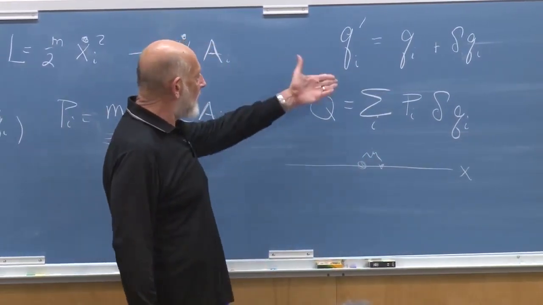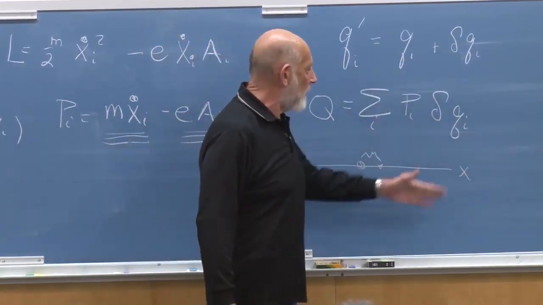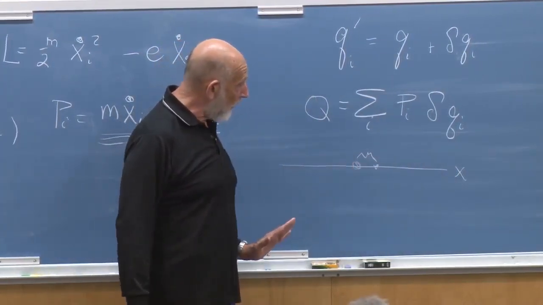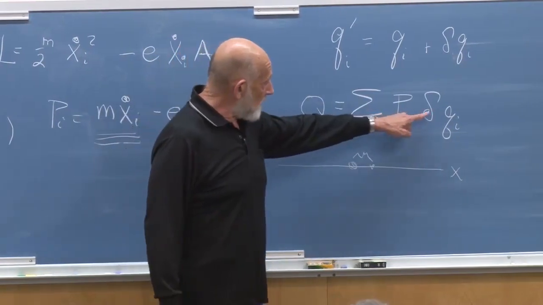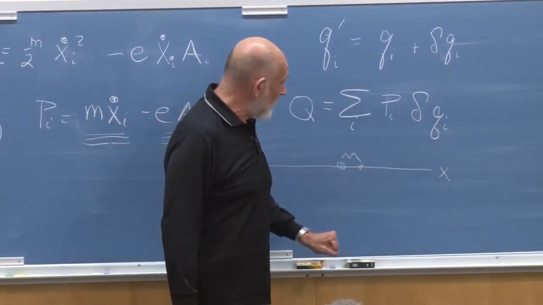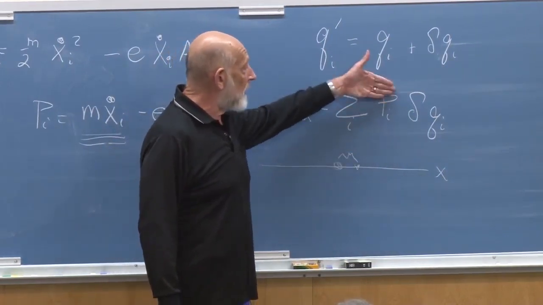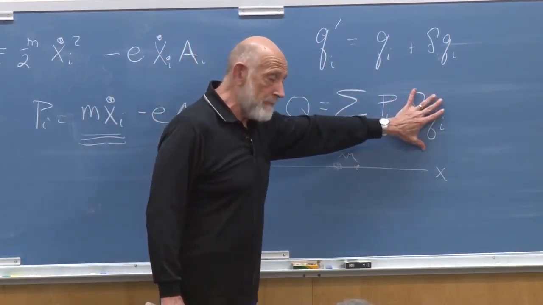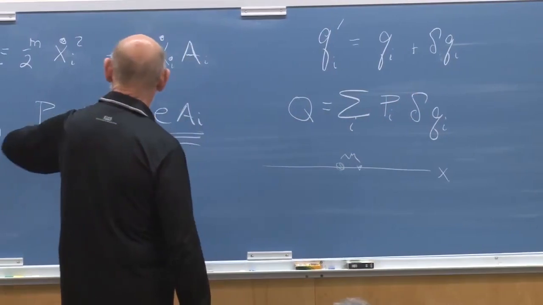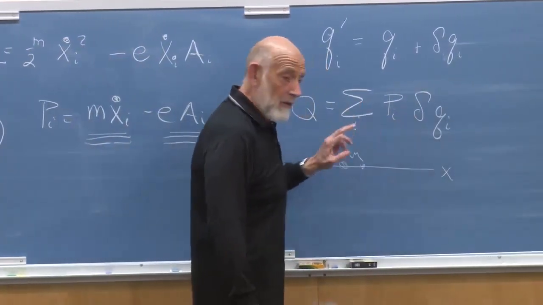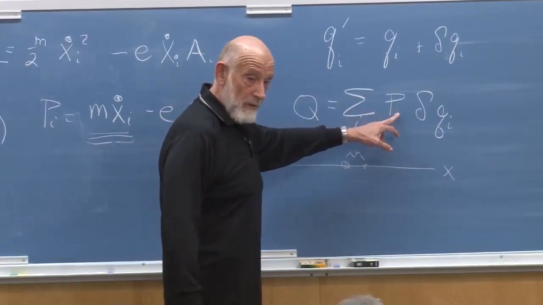So you can say in that case that the delta q_i, or the delta x, is just a constant, just a number, the amount that you shift by. In that case, we find a quantity which is just proportional to the total momentum of the system, typically the total mechanical momentum of the system, if mechanical and canonical momentum are the same.